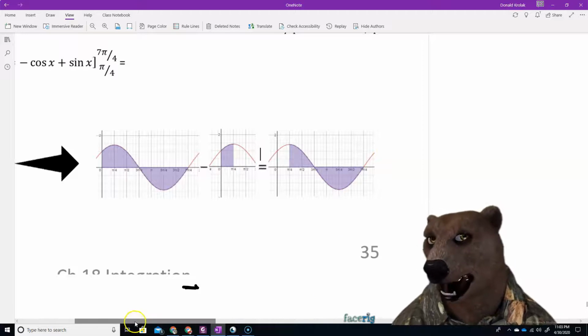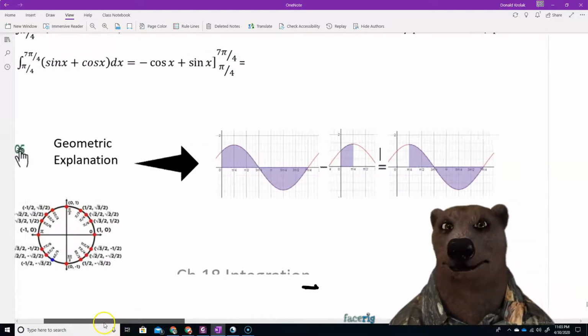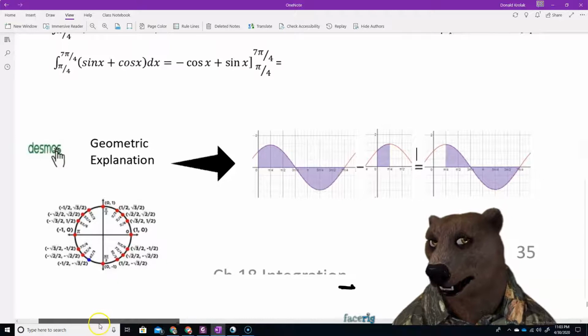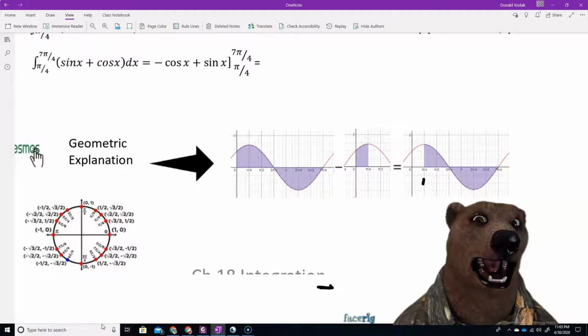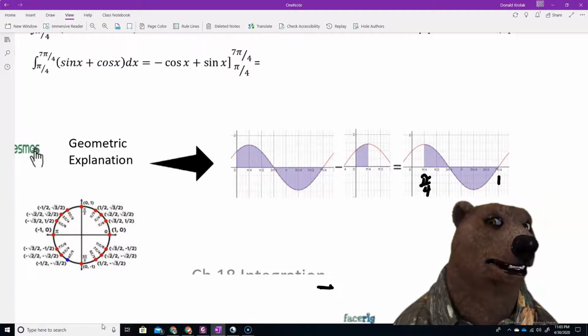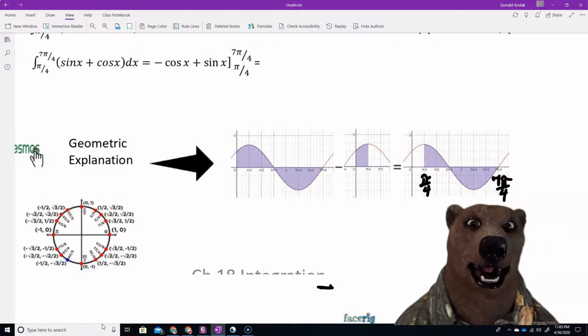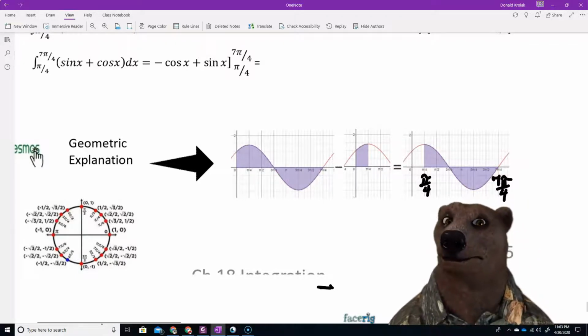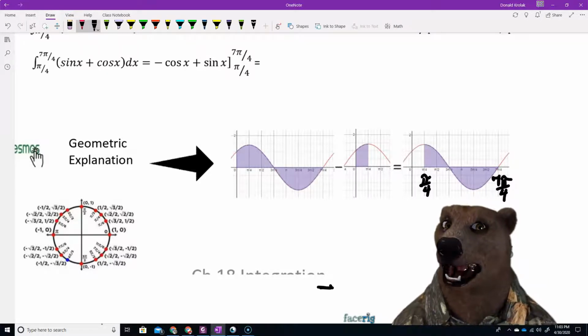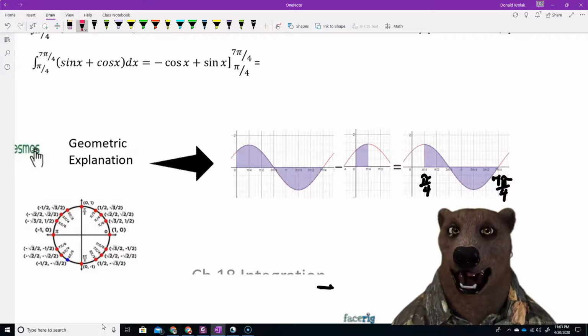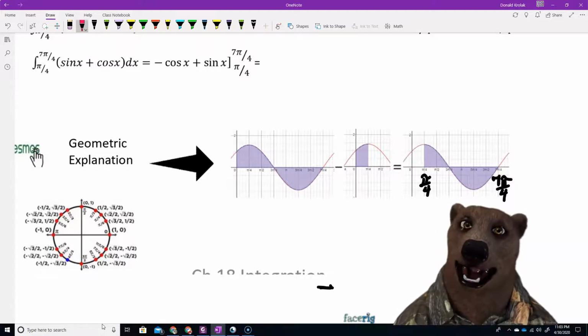So the question's asking us to find the area bounded by that curve that's between pi over 4 and 7 pi over 4. So we do our integral, and then by the fundamental theorem of calculus, we take the upper bound, plug it in.